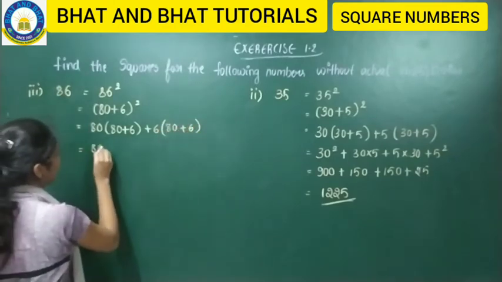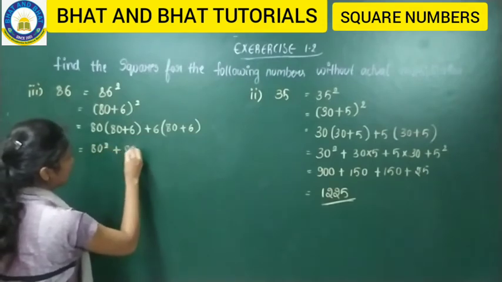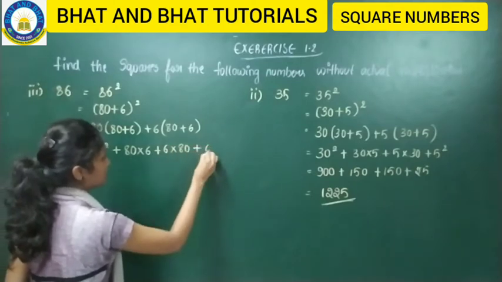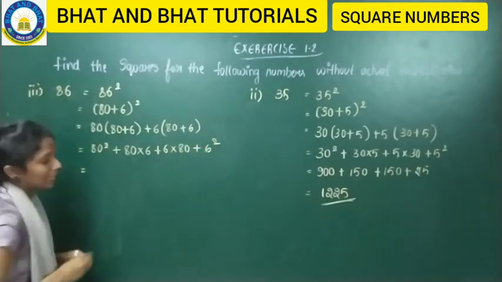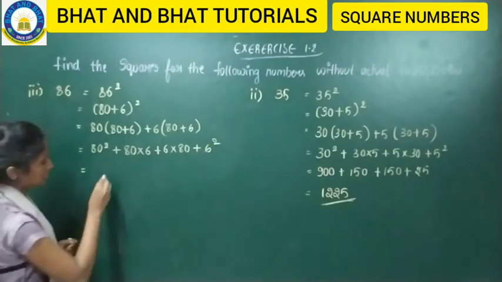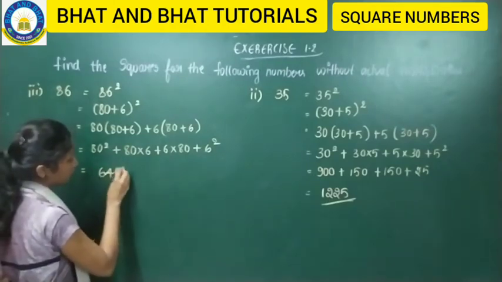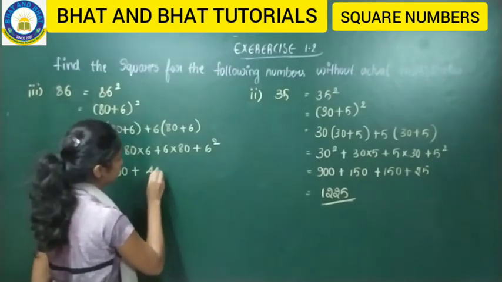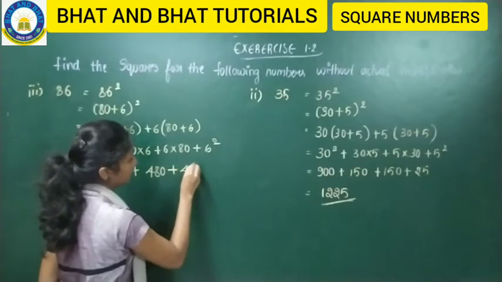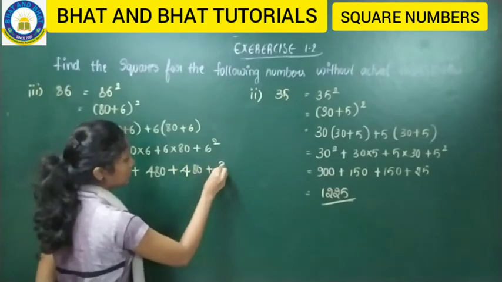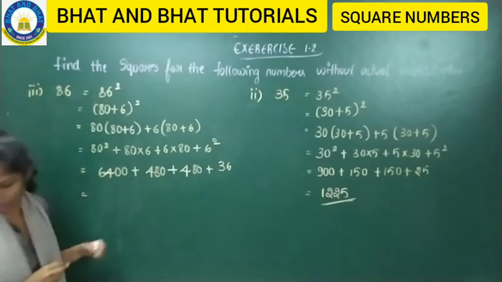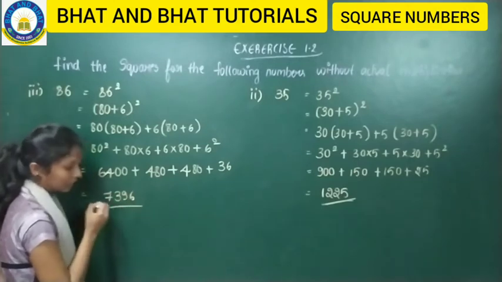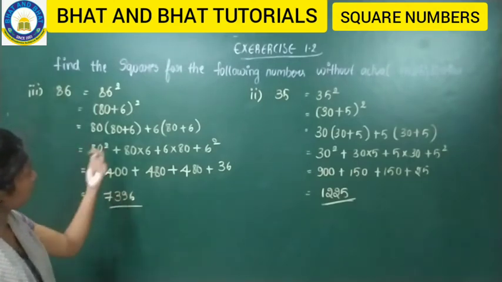So 80 into 80, 80 square, plus 80 into 6, plus 6 into 80, plus 6 square. So now 8 eights are 64, so it will be 6400, plus 8 sixes are 48, 480, plus 480, because 6 sixes are 36. So when you add all these numbers you will get 7396. Got this? Copy down this also.